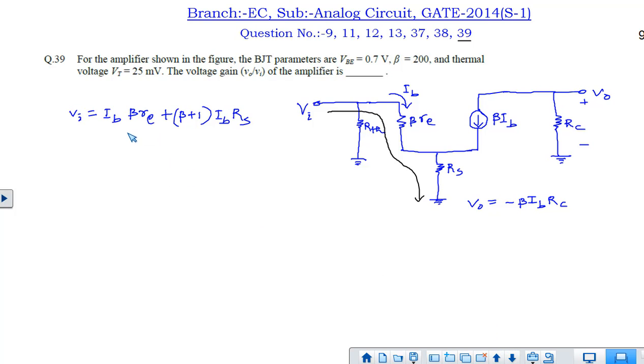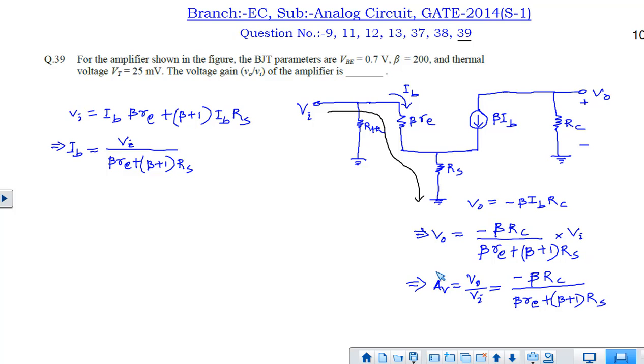From this expression we can write IB in terms of VI, the input voltage. So the IB value will be equal to VI divided by this factor. Now we can substitute this IB in the expression, then we can find out what is the V output by V input. That will give us the gain value. That is, the gain is nothing but minus beta RC divided by beta re plus beta plus 1 RS.